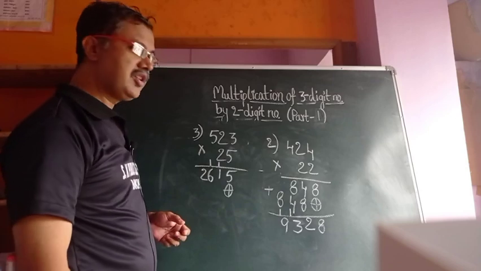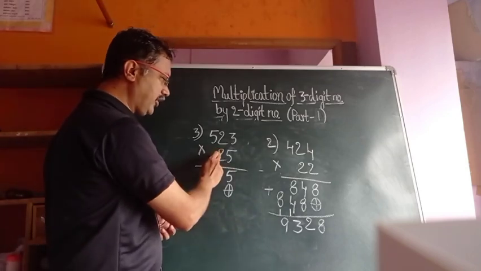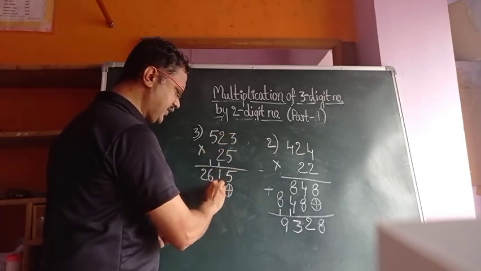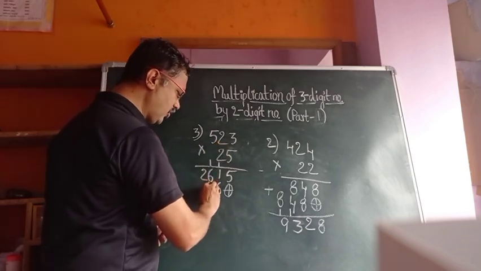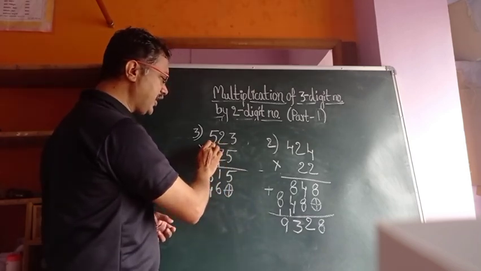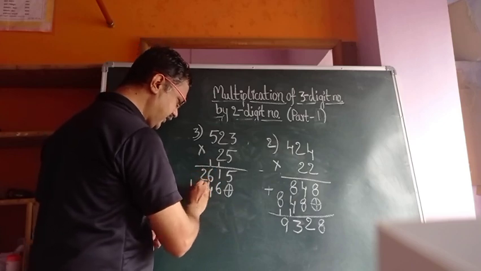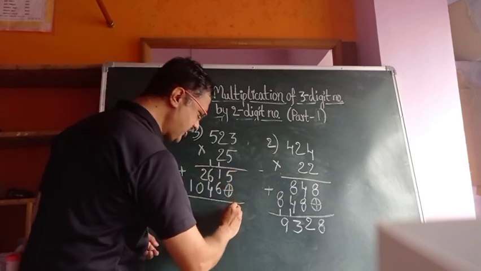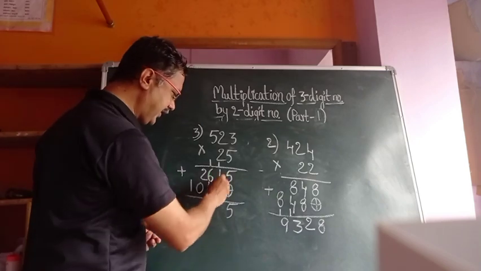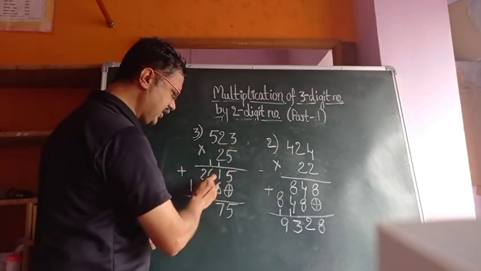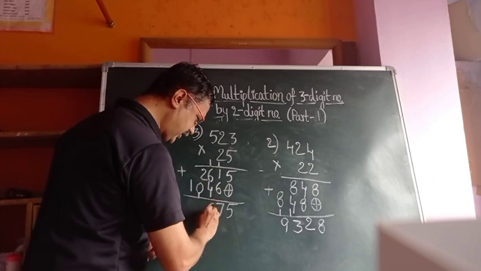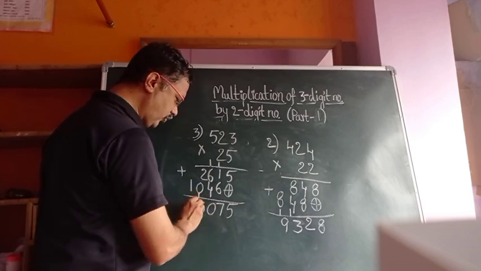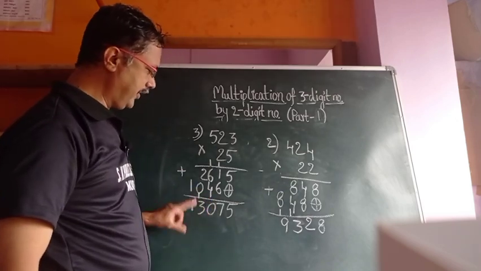Plus sign or 0 we have to insert. Now next tens digit, tens place. 2 3s are 6, 2 2s are 4, 2 5s are 10. Add these numbers. 5 plus 0, 5. 1 plus 6, 7. 6 plus 4, 10. 2 plus 1, 3. 1 plus 0, 1.